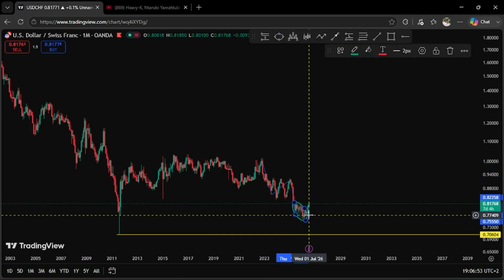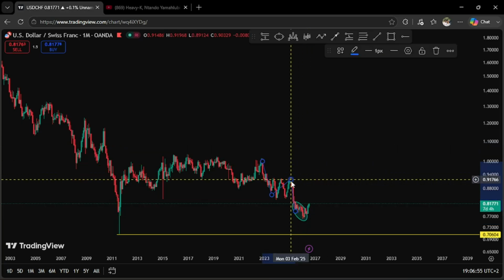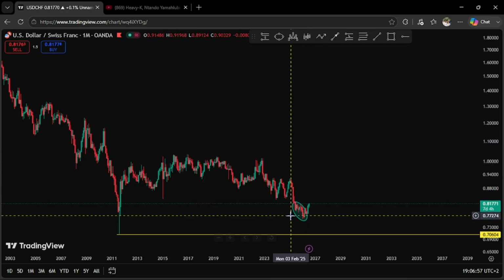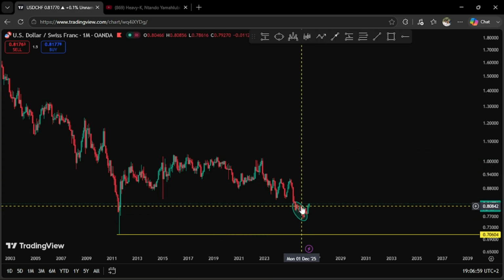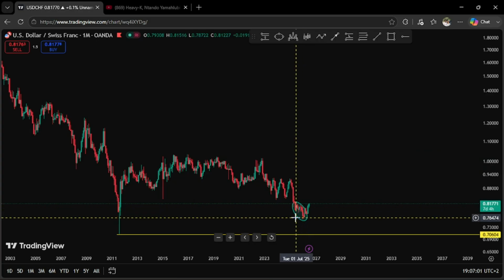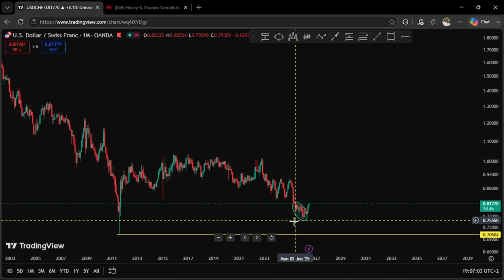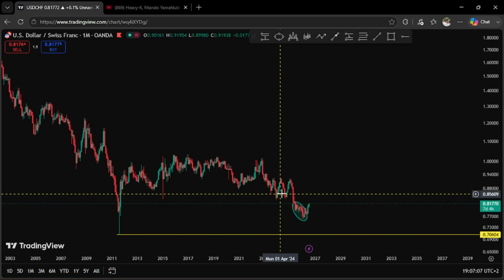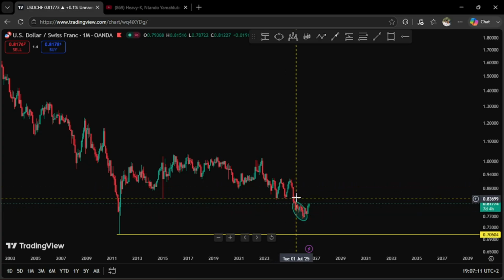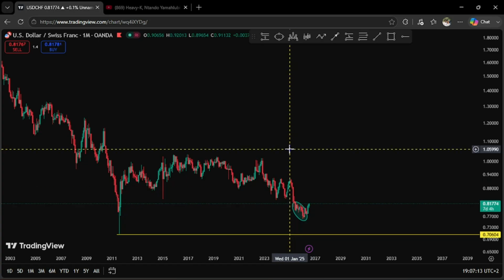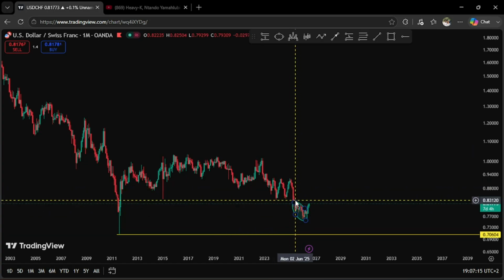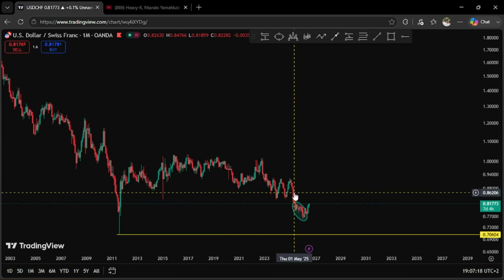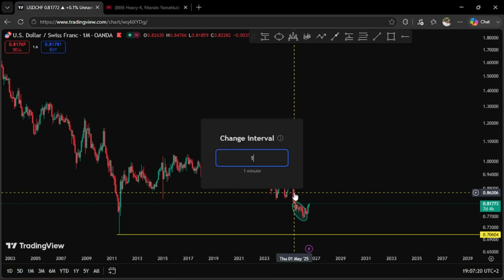Let me delete this one. You see this area here, I marked it, and we'll look into it on the weekly time frame. The reason I marked this area is very important, because almost the whole of last year the market was impulsive, bearish to the downside, so I picked up on that. So now I go to the weekly.